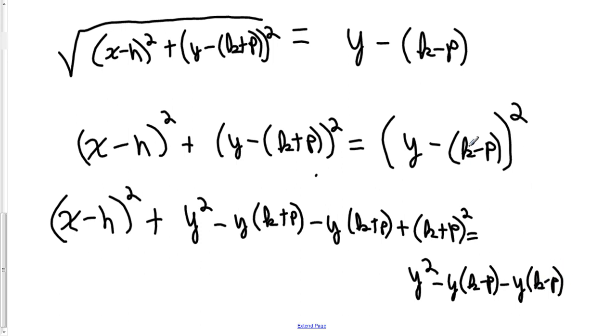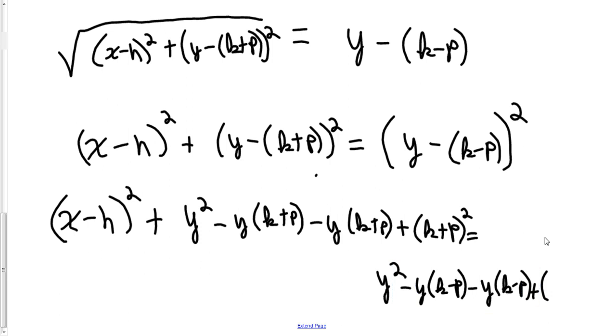And then I'm going to multiply negative k minus p times negative k minus p to get positive k minus p squared.